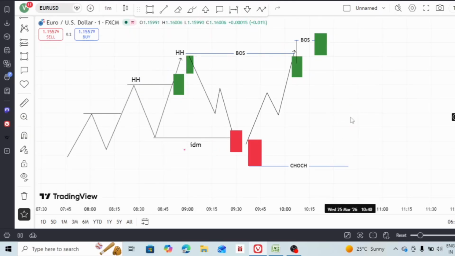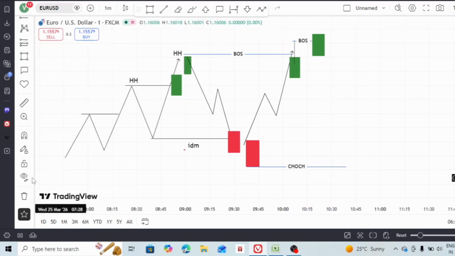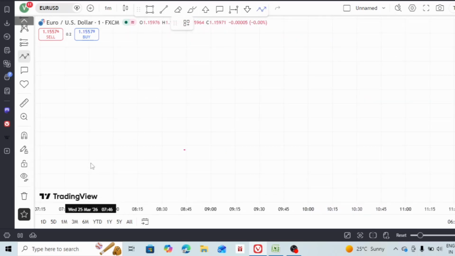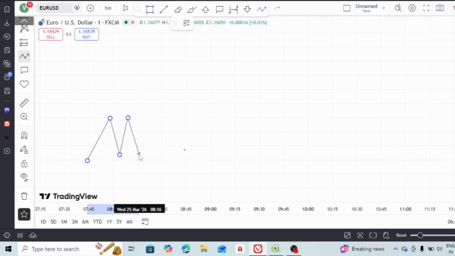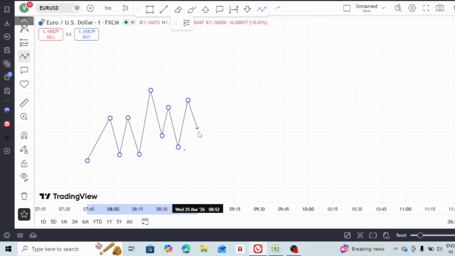I will give you another example, a clear example of how the change of character will be shifted. I will give you a clear picture. The market is moving like this. I'll just show you how the market looks in an uptrend.